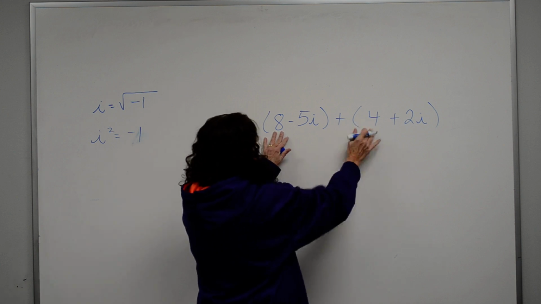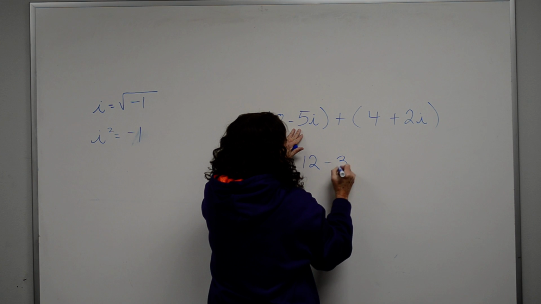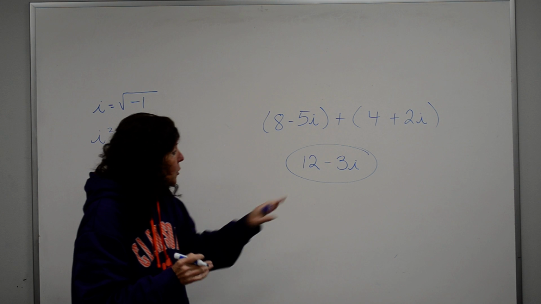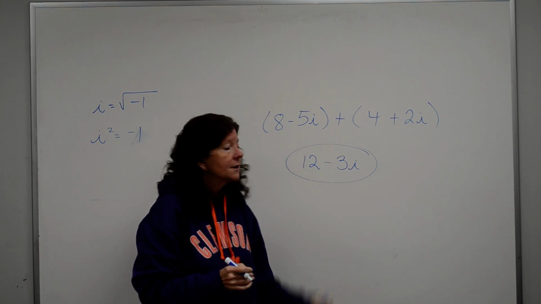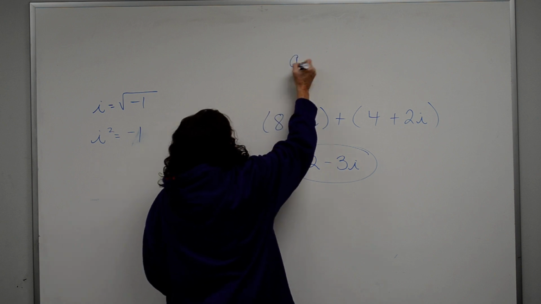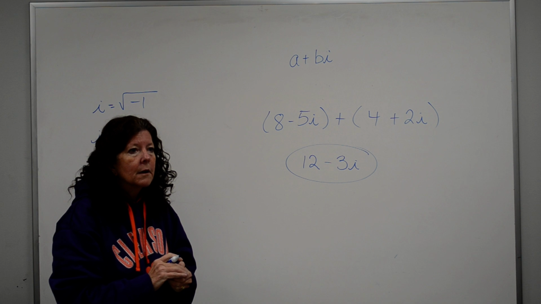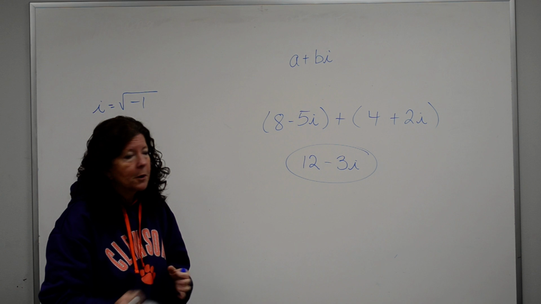I combine like terms here, so that's 12. These two together, that's going to give me negative 3i. That's my answer. Okay? And you always put the term that has an i with it second. Okay? Because that's the way a complex number is written, a plus bi. Okay? Real easy. Just looking at it just like it's a variable.